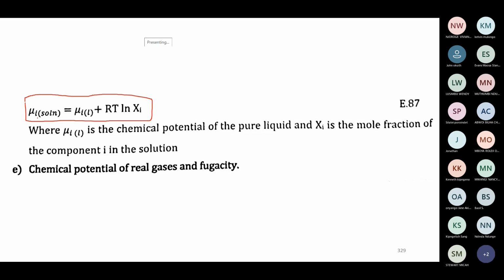So the chemical potential for component i in solution is going to be given by the chemical potential of the pure liquid plus RT ln Xi, where μi^L is the chemical potential of the pure liquid and Xi is the mole fraction of the component i in solution.